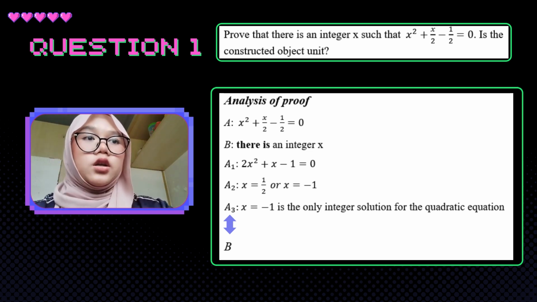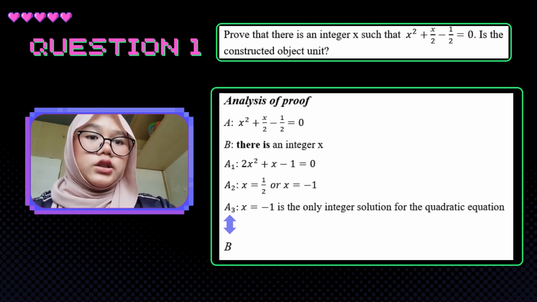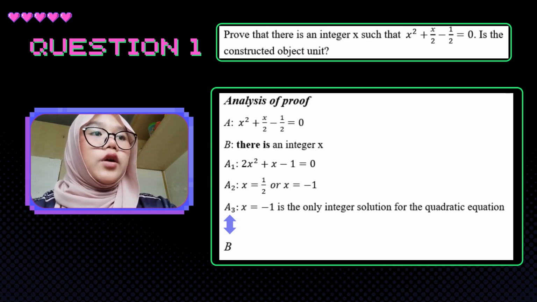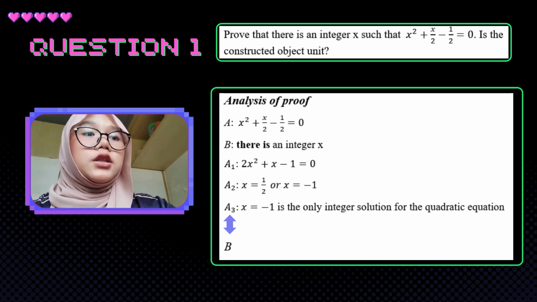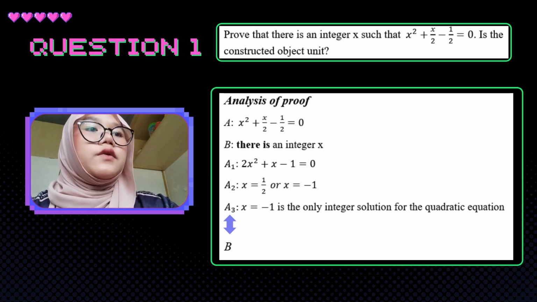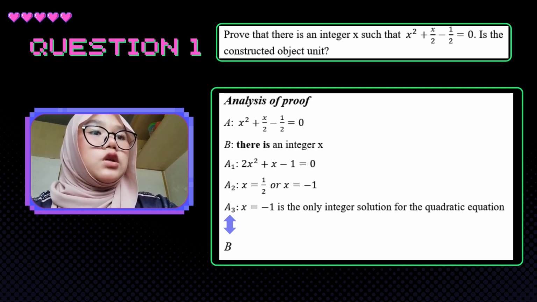Example question 1. Prove that there is an integer x such that x squared plus x over 2 minus 1 over 2 equal to 0 is the constructed object. For analysis of proof, A, we put the equation x squared plus x over 2 minus 1 over 2 equal to 0.